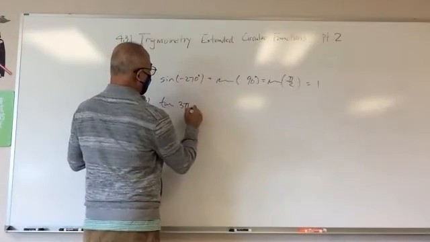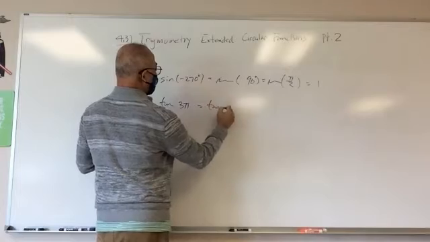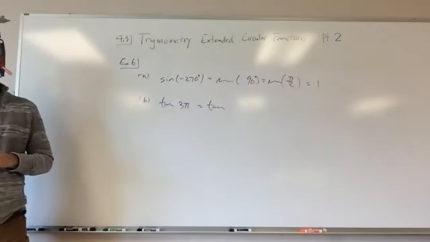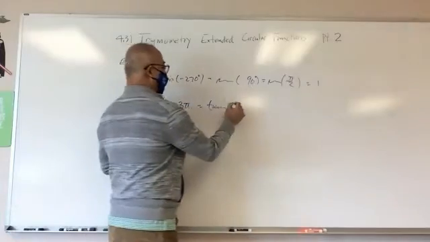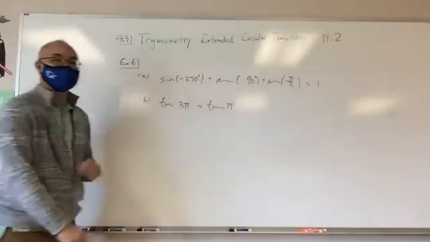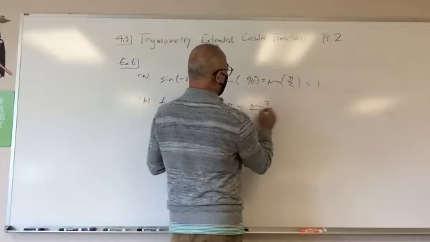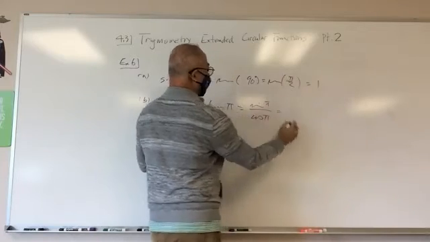Then we have B, which is tangent of 3 pi. Tangent of 3 pi is the same as tangent of, if I subtract the 2 pi away, tangent of pi, which is the same as sine pi divided by cosine pi.